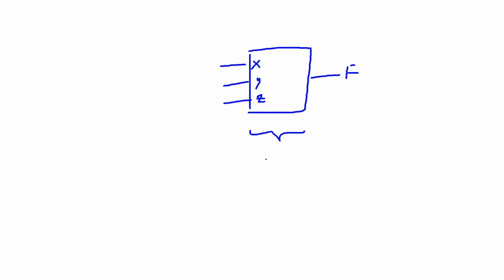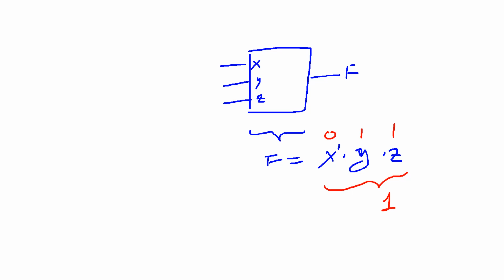Must be all input variables. Why? This point is very important. If your system has 3 inputs, for example X, Y, Z, and the function is f equal to x prime and y and z, this term will be 1 in only one case: when x is 0, y is 1, z is 1.